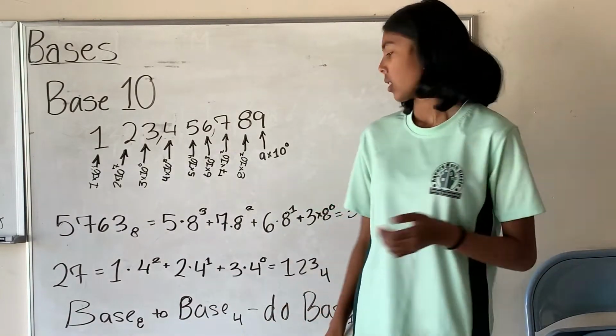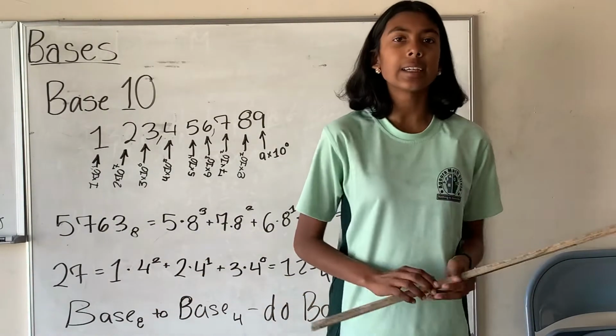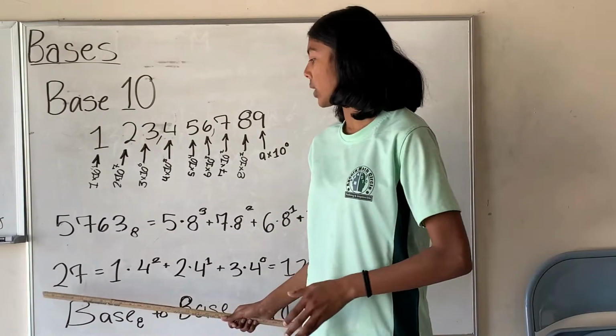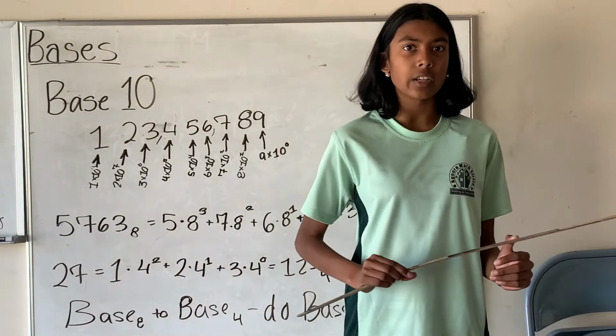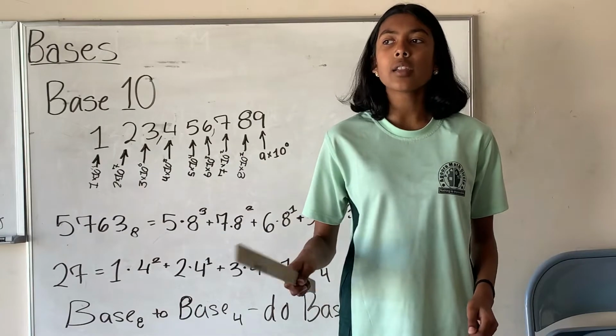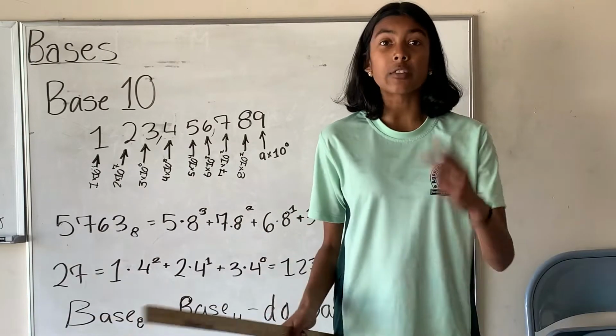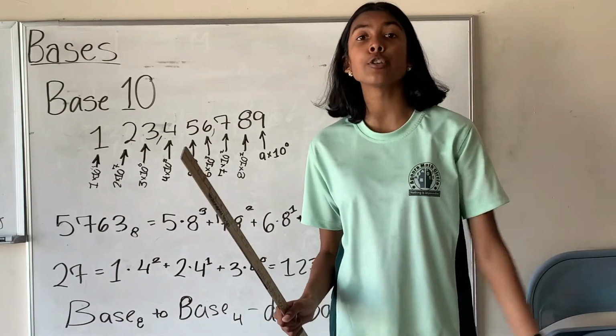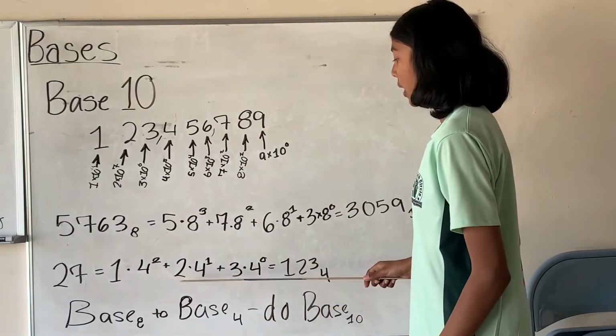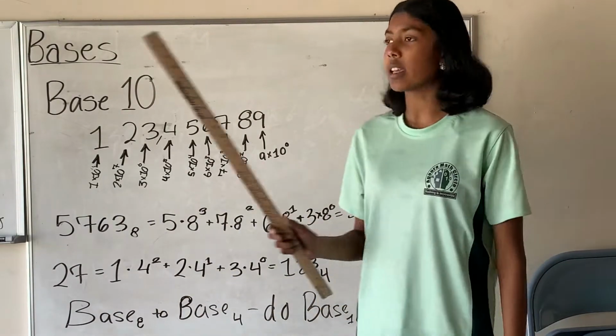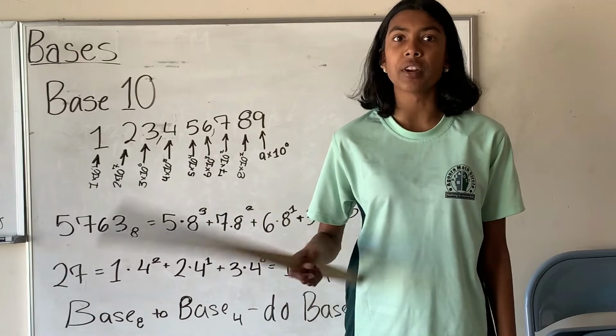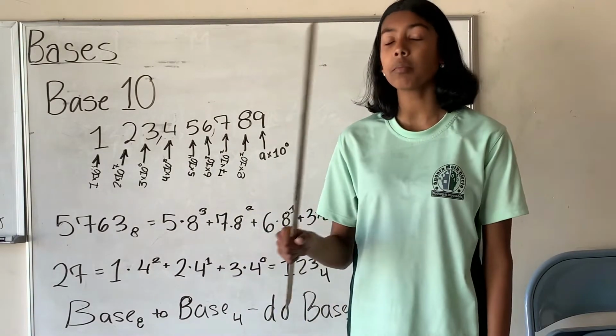It's 4. After 27 minus 16, we're left with 11. So we do 11 minus 4 minus 4. We can fit two 4s in there, so we do 2 times 4. And then we have 3 left over, now that we did 11 minus 4 minus 4.